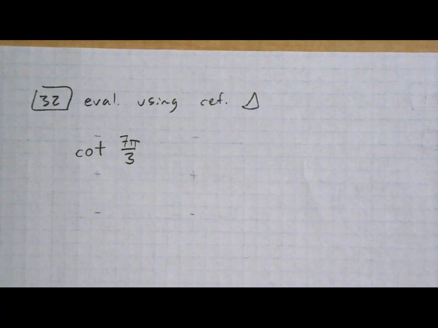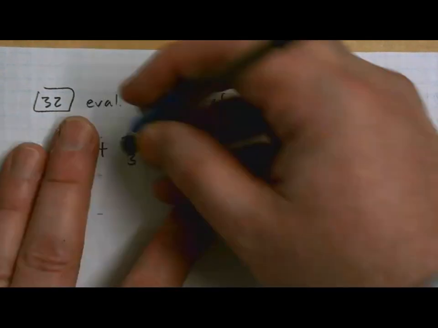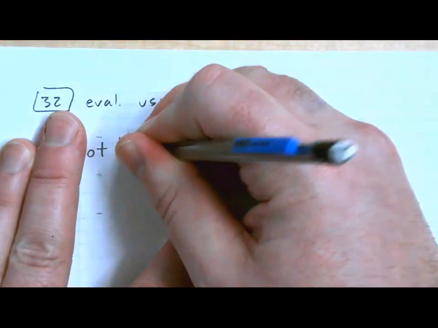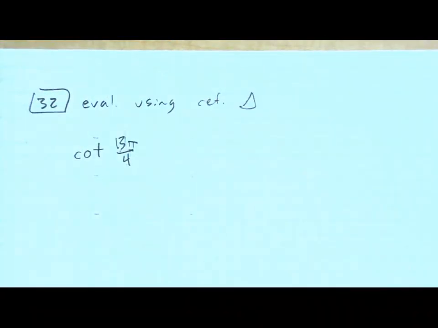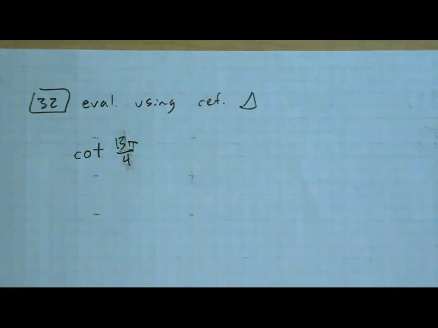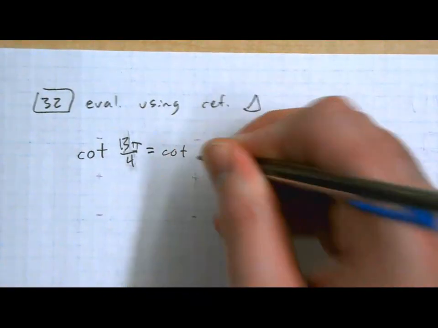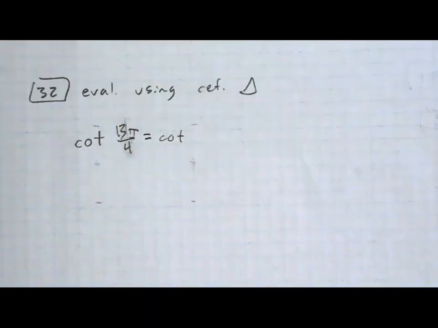Seven pi over 3 is not a friendly angle. Oops, hang on. It's 13 pi over 4. Sorry, I was looking at the wrong problem. That's also not a friendly angle. What would be a friendlier angle that would be coterminal with 13 pi over 4?